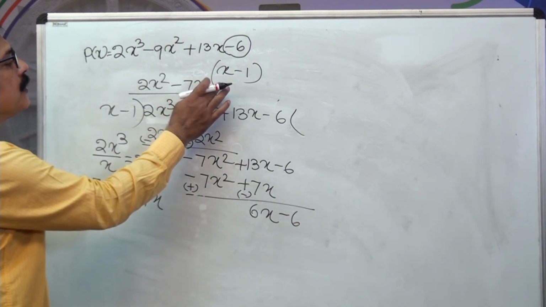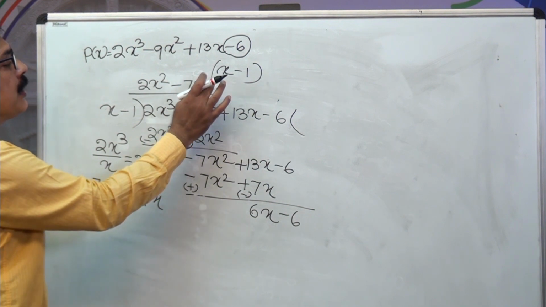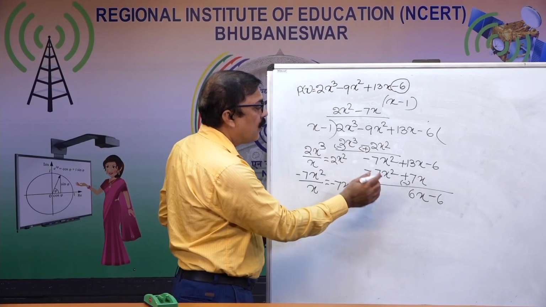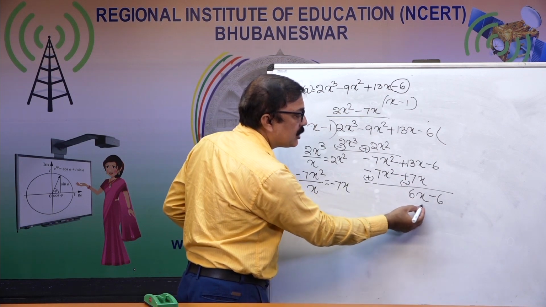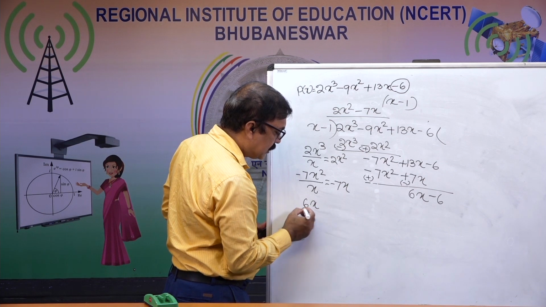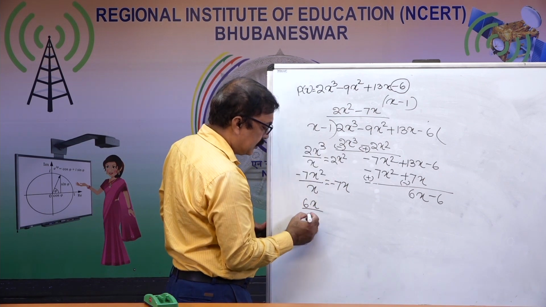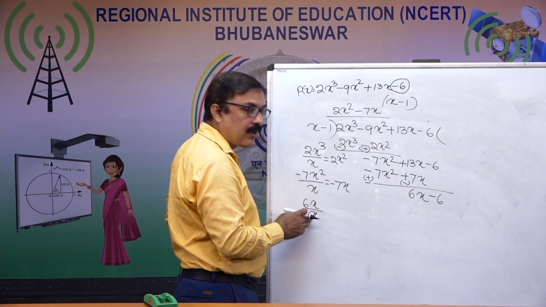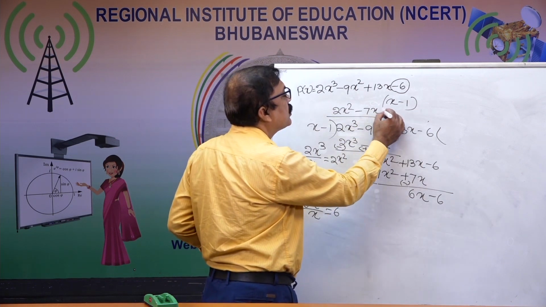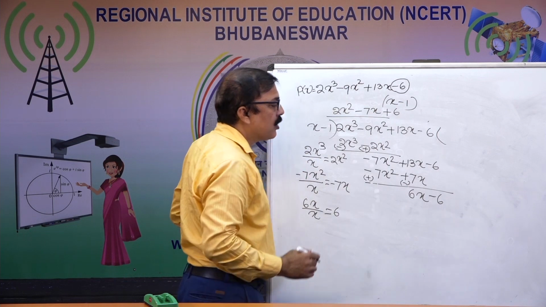Now the time for the third term of the quotient. So the first term of the new dividend is 6x. So 6x by x, the first term of the divisor, gives 6. So this is plus 6.